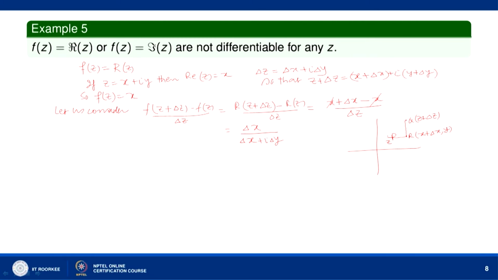So, after delta y has become 0, when we move to the point P, delta x tends to 0.